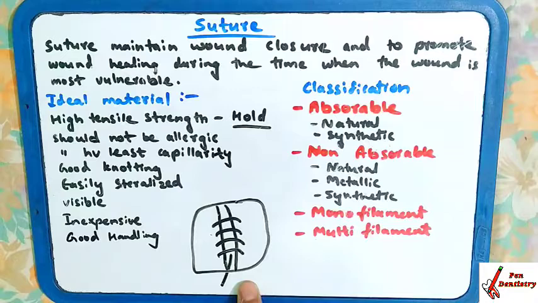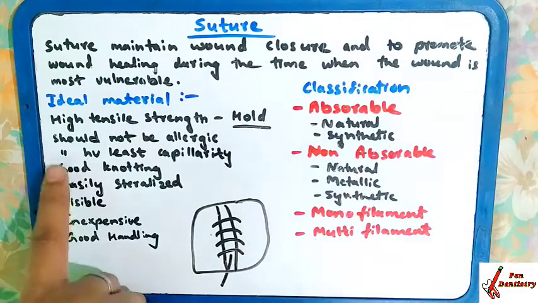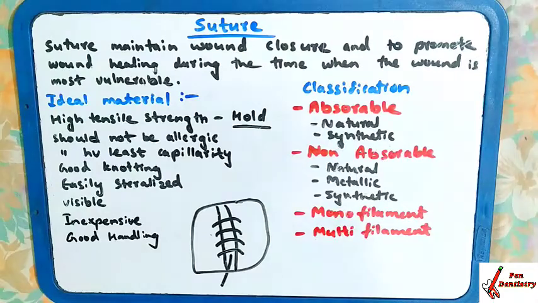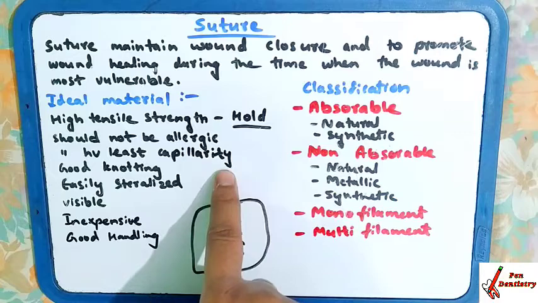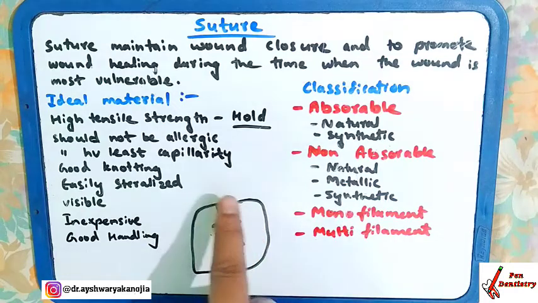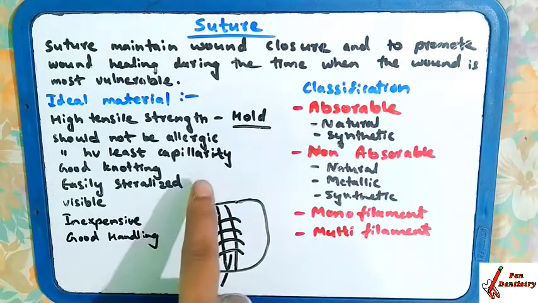It should have least capillarity. Least capillarity means it should not soak up the inflamed tissue fluid. The fluid which is present around the wound, it should not soak inside the suture.